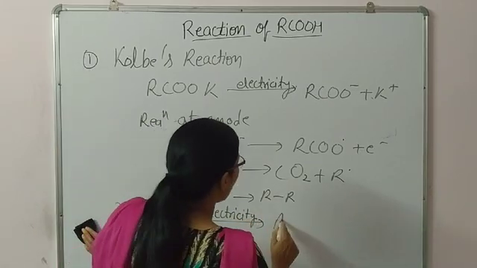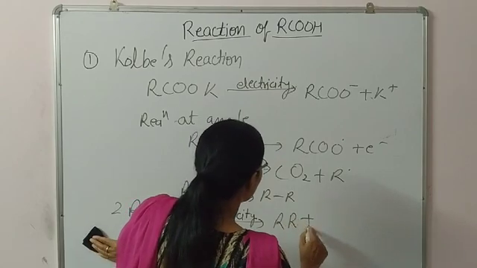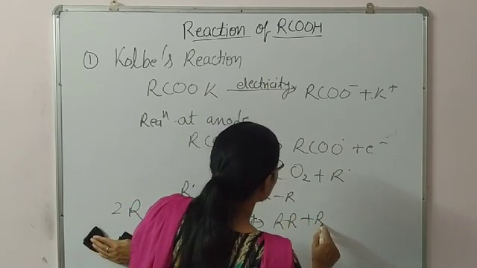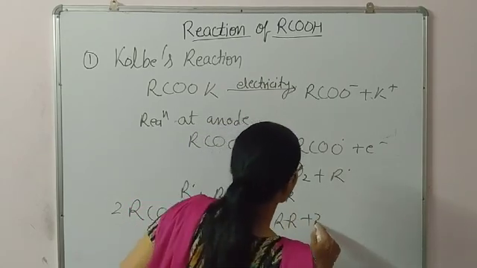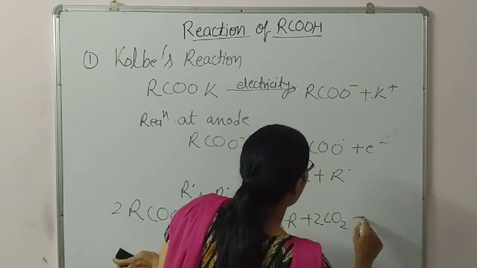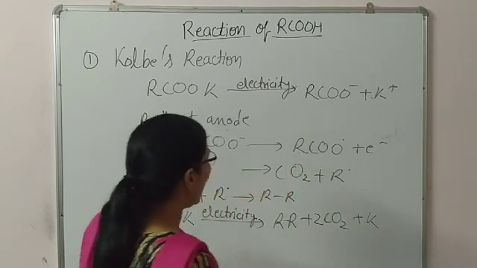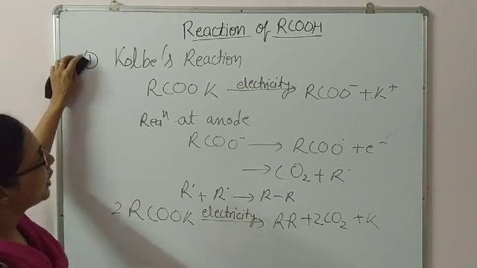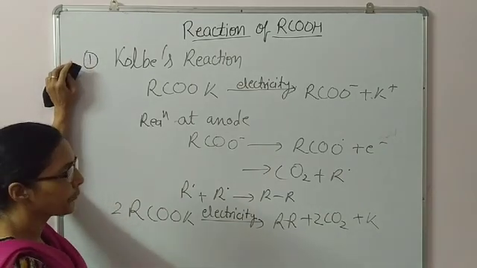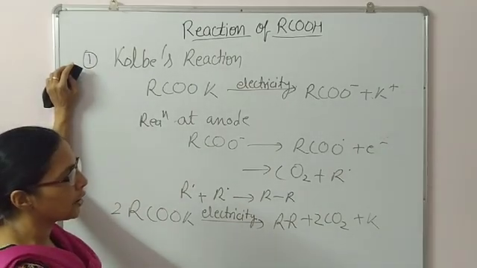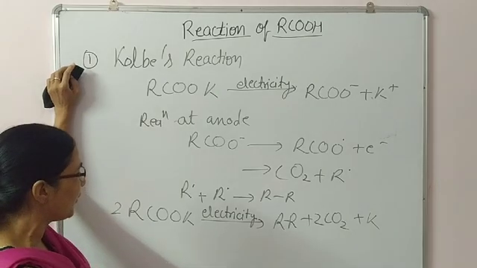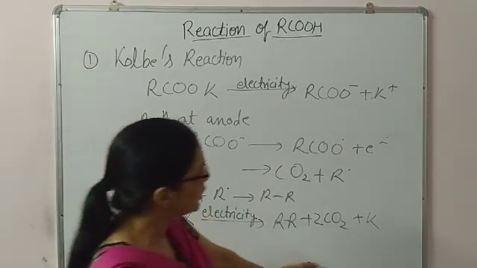There will be formation of R-R plus twice CO2, and potassium will be liberated at the cathode. Suppose a mercury cathode is taken, then potassium amalgam will form. So you will write only the major product.